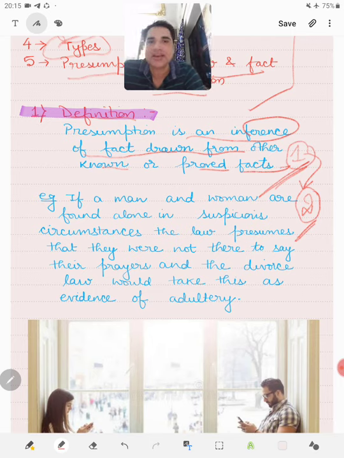For example, if it is said that an event took place in an open field, and then it is said that it was daytime, the presumption can be taken that there was enough visibility and there was no darkness around. So once it is proved that it took place at noon and in an open field, the presumption can easily be drawn that there was good visibility.